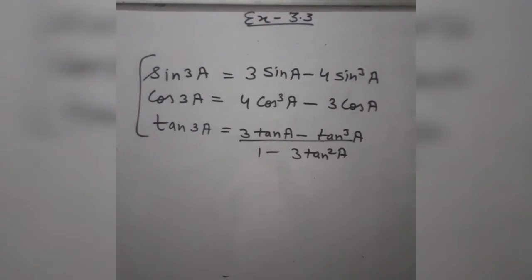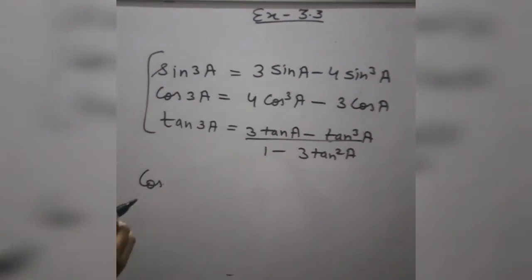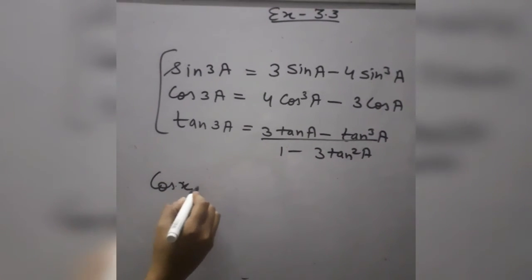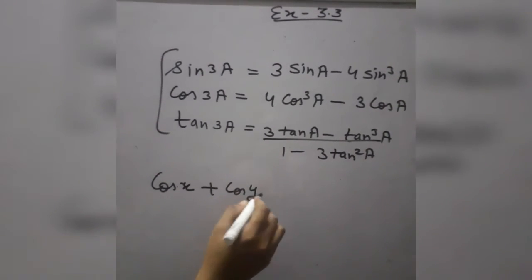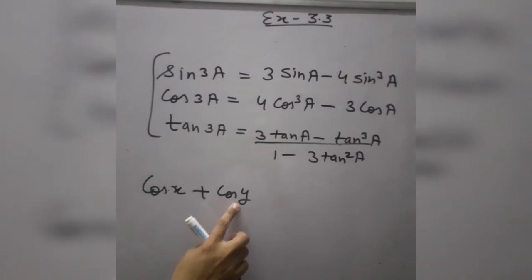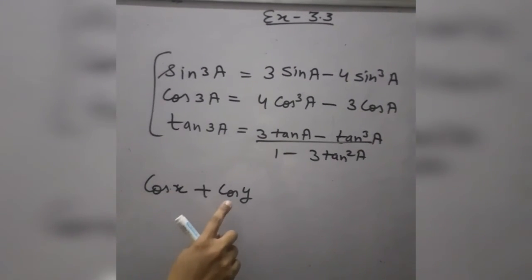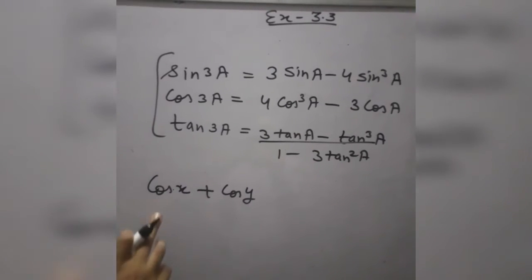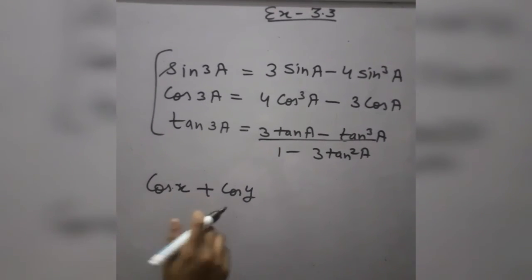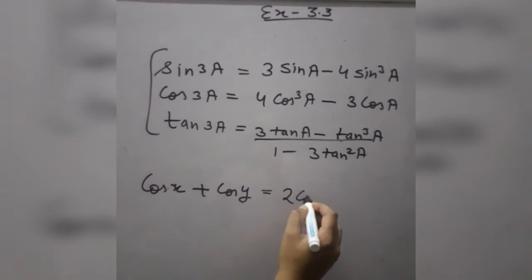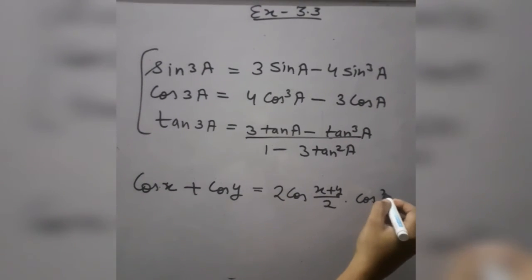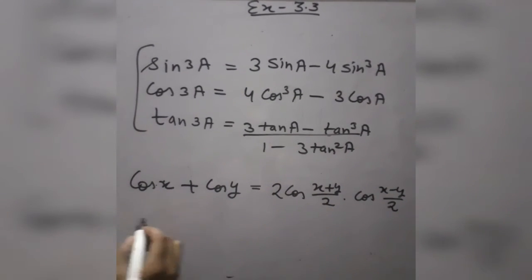Next, if two cos terms are there, these formulas are known as CD formulas also. Cos x plus cos y, or you can say cos A plus cos B, or cos C plus cos D, any two cos terms with a plus sign, you will write it as 2 cos of (x plus y) by 2 into cos of (x minus y) by 2.